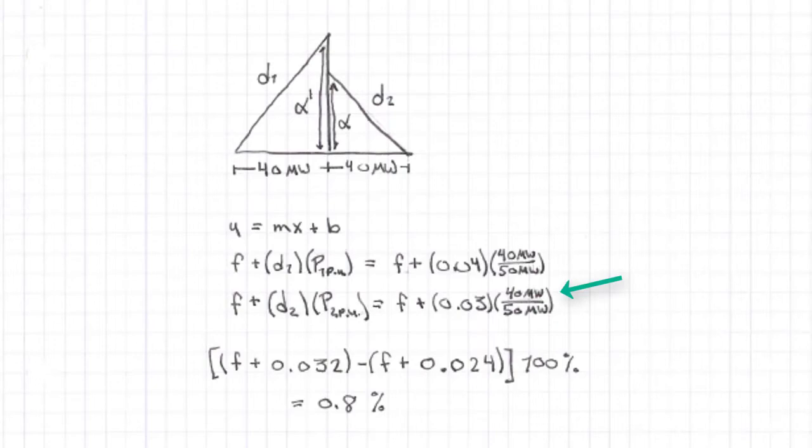So our second side would be F plus 0.03 times 4/5 as our per unit value. We then look for the difference between these: F plus 0.03 times 4/5 minus F plus 0.04 times 40 over 50. This is a percentage, so we multiply it by 100%, and we end up with 0.8%.